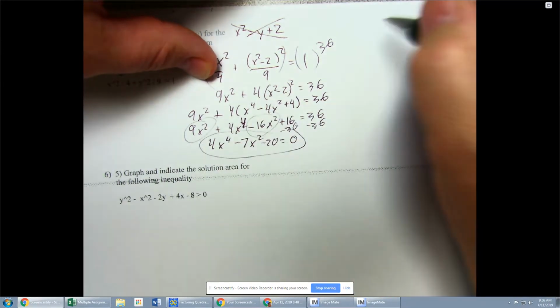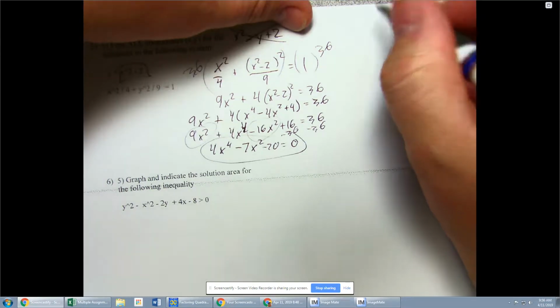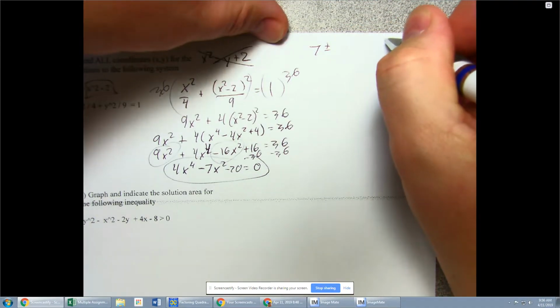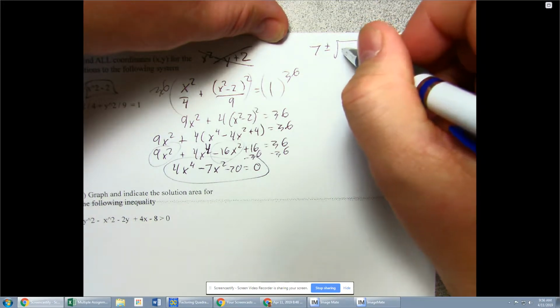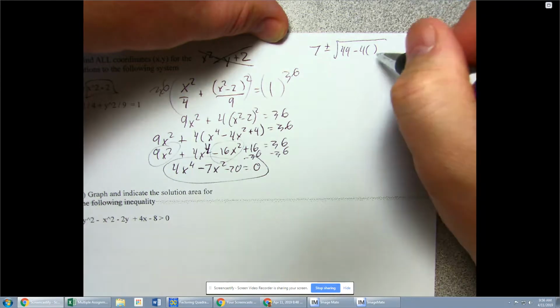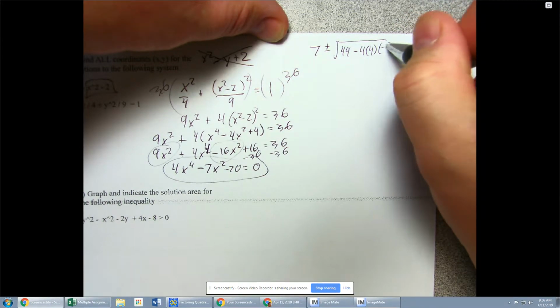At this point, we put it in the quadratic formula, my bad, not the Pythagorean theorem. And you get 7 plus or minus the square root of 49 minus 4 times 4 times negative 20.